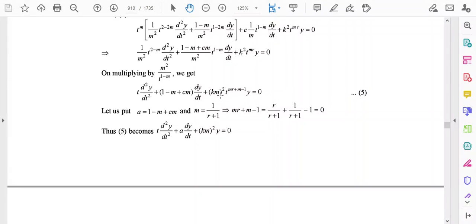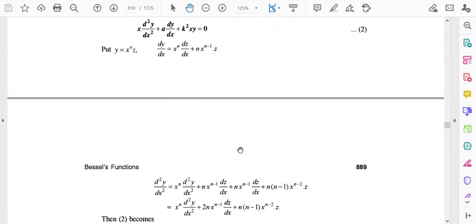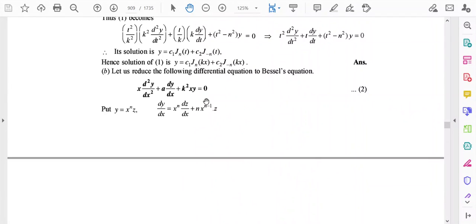So in km square we have no problem. There is y also there, just we have to keep t to the power 1. So how to keep t to the power 1? Then we have to assume mr plus m minus 1 is equal to 1. We have to assume that. Then there will be t here, and that equation will be exactly similar to equation 2.